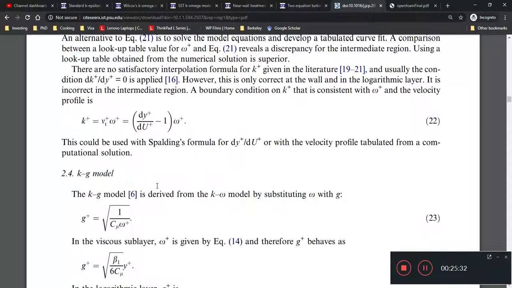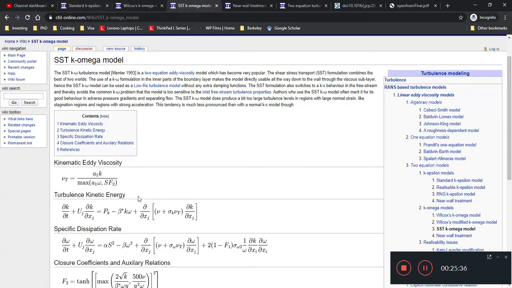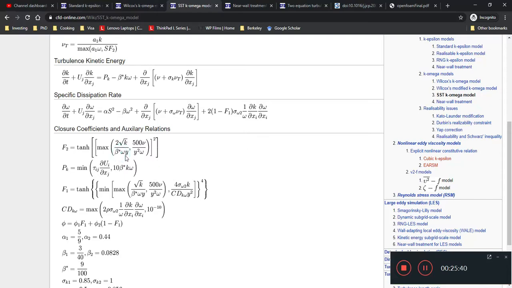Therefore we can start looking at this blending function, because now we have omega here and k here. All of these are functions of y, and once they are, we can start to deal with how f1, or how these values, actually change with y plus.